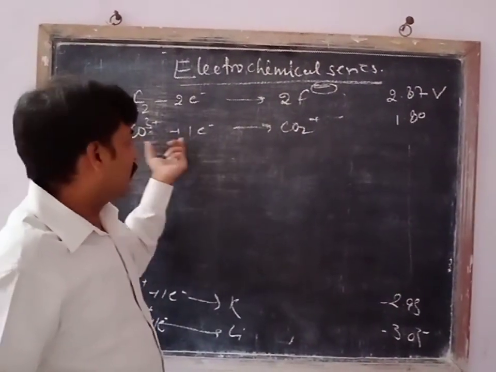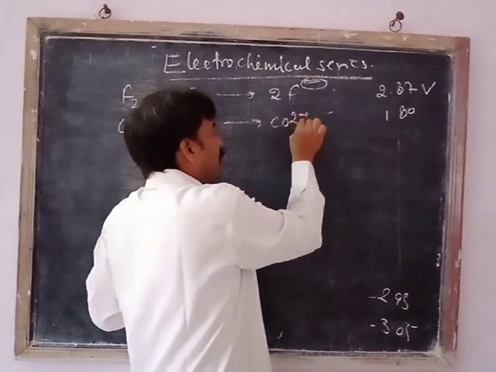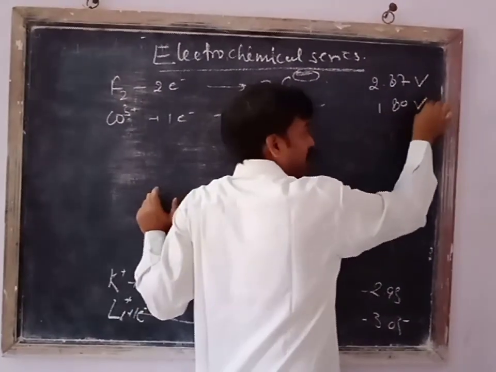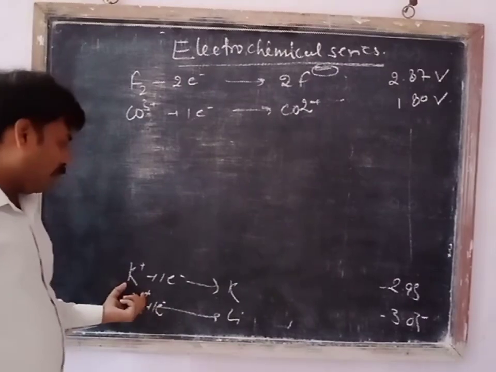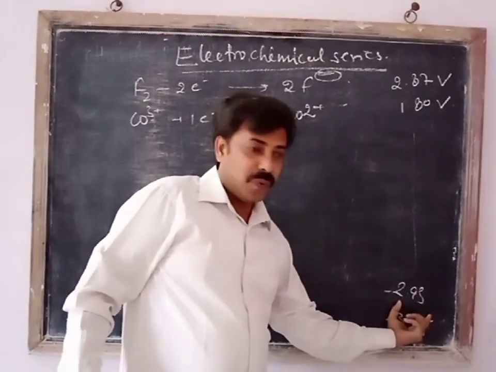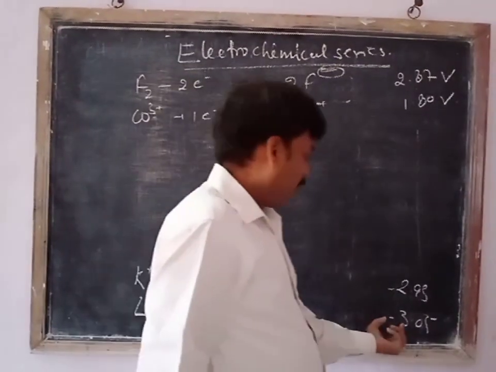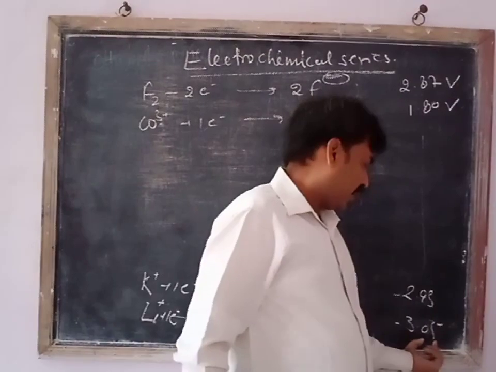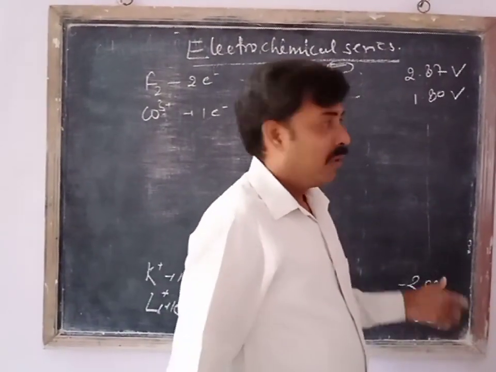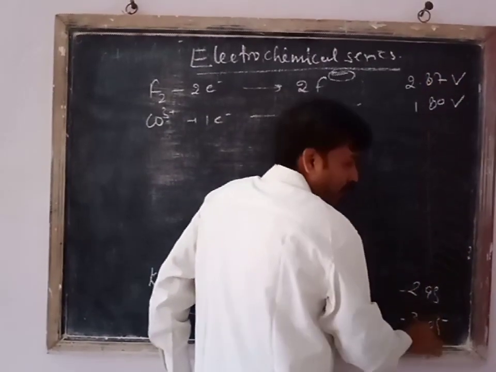Next, Co3+, by getting 1 electron converting to Co2+, has value 1.80 volt. Similarly, potassium ion, by getting 1 electron turning into potassium atom, has minus 2.93, and lithium ion, by getting 1 electron forms lithium atom, having value minus 3.05.